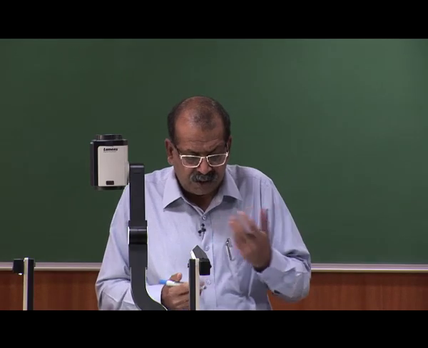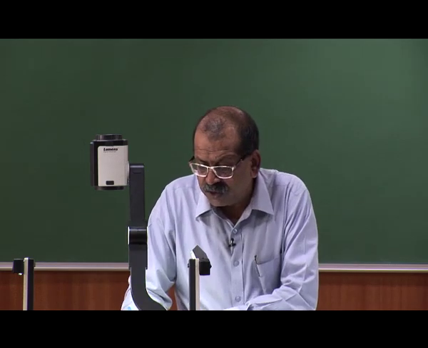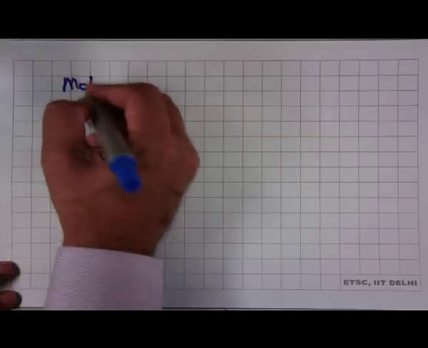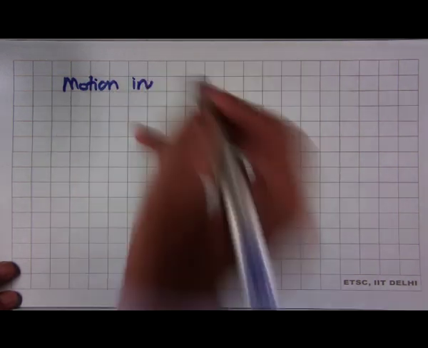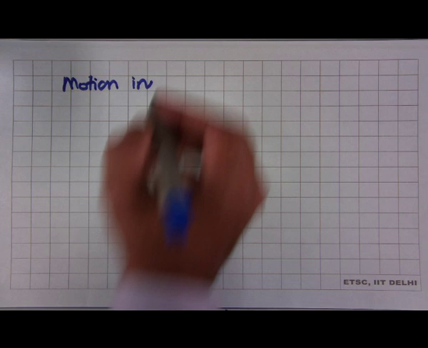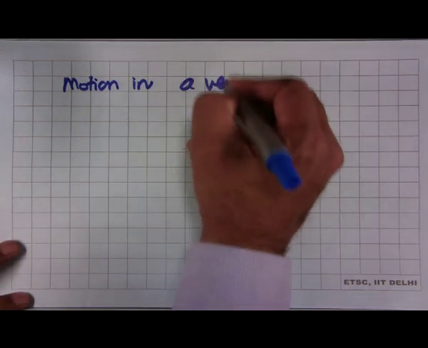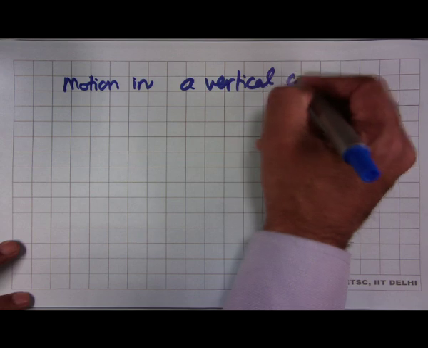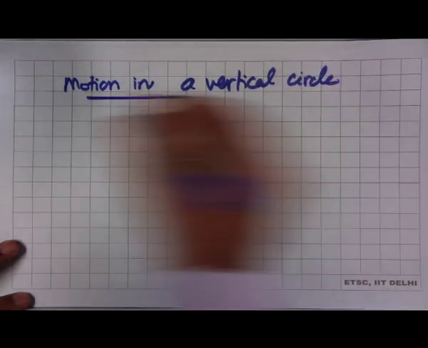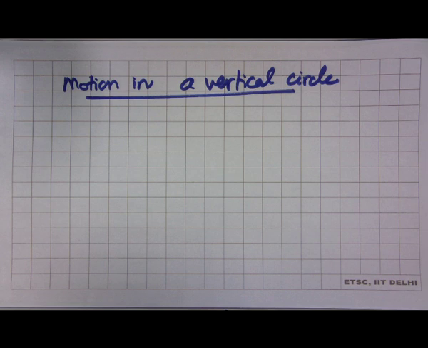Now, let us look at another class of problems here, and this is where we use the work energy principle quite effectively, and this is motion in a vertical circle. Two types of problems are very common.